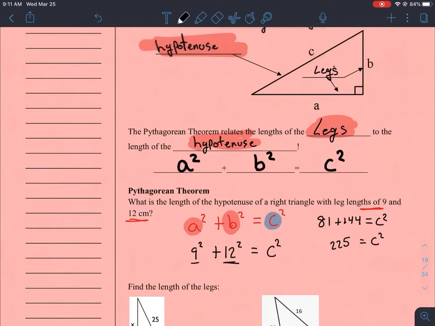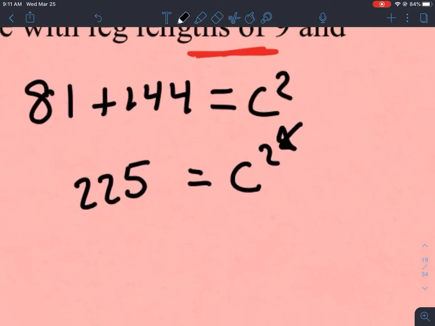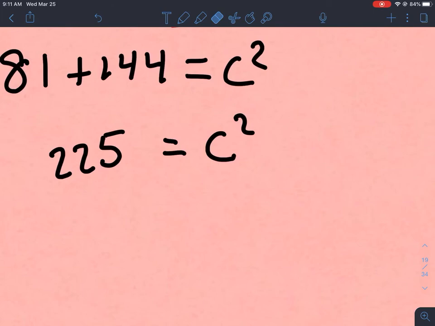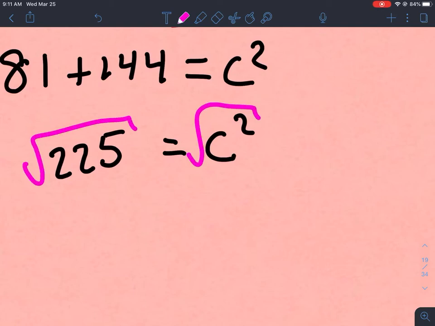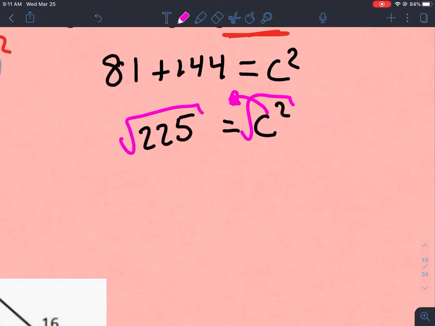Now, we are talking about c, not c squared, so we need to get c by itself. We want to undo a square, so we're going to use a square root. We take the square root of both sides of the equation. The square root undoes the square.